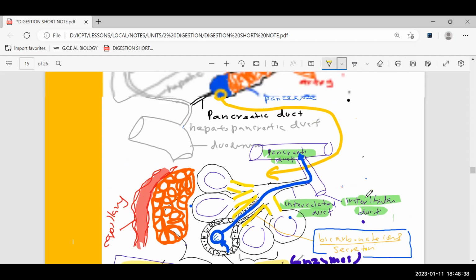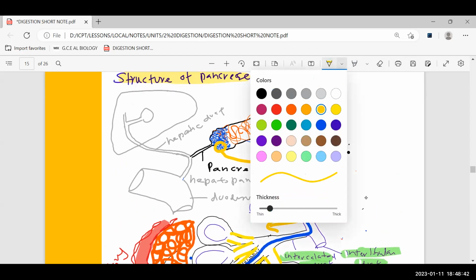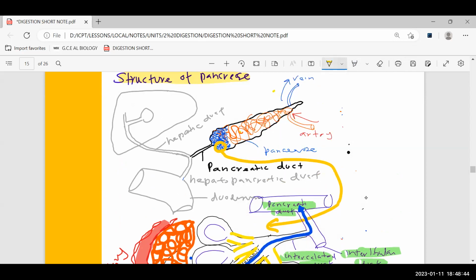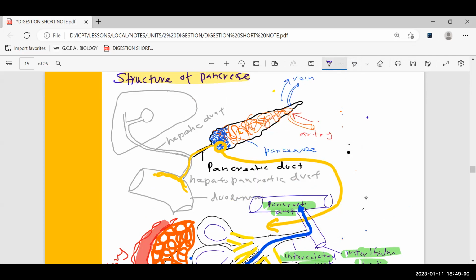Right, so here all 5 enzymes and the bicarbonate are now moving from this pancreatic duct, hepatopancreatic duct, to the duodenum. So this is the exocrine part of the pancreas. Exocrine.